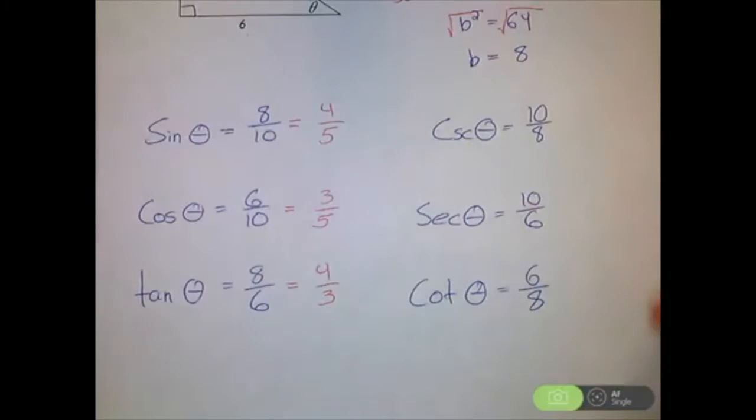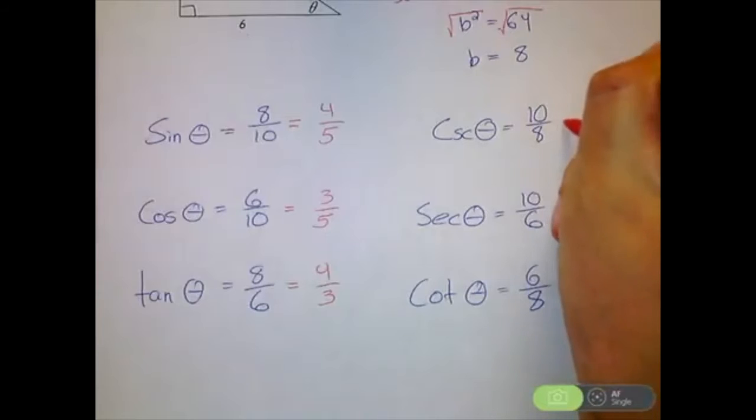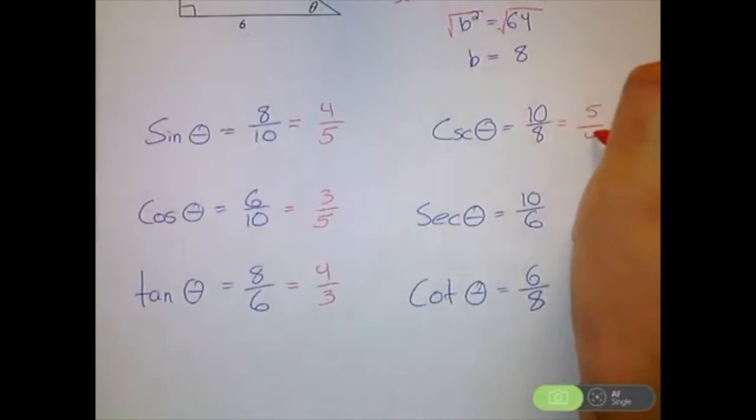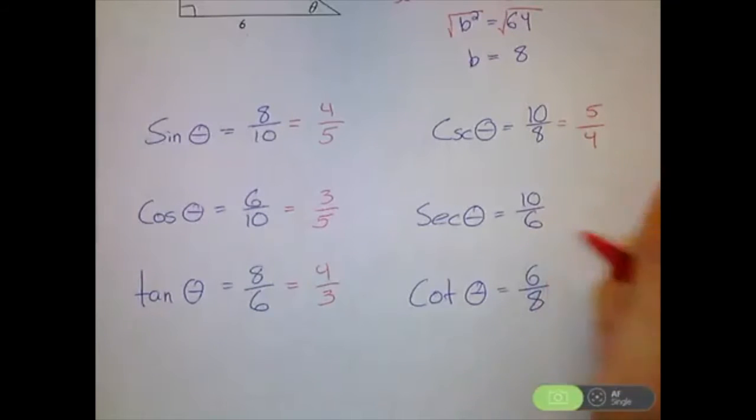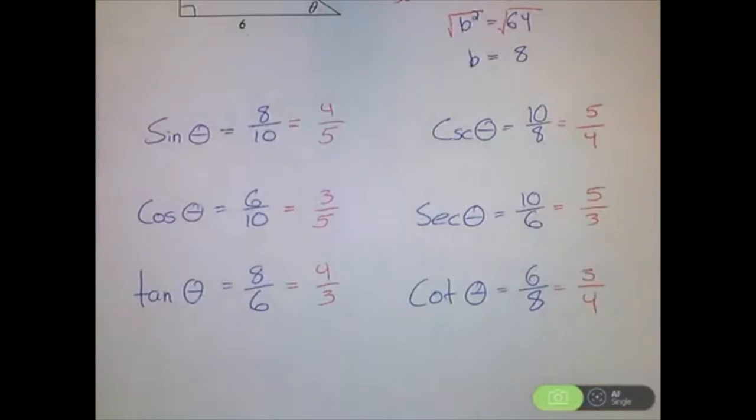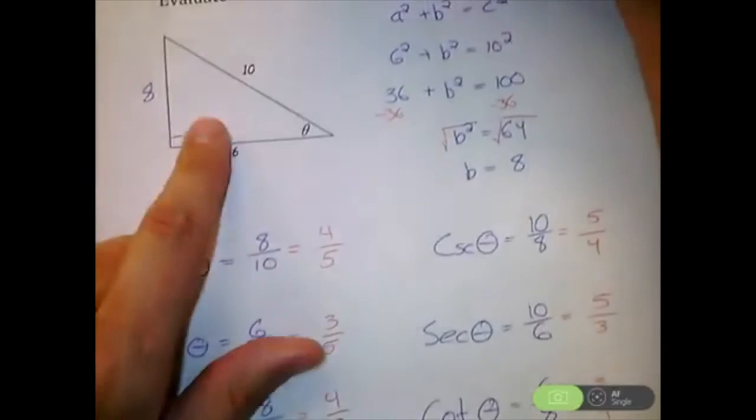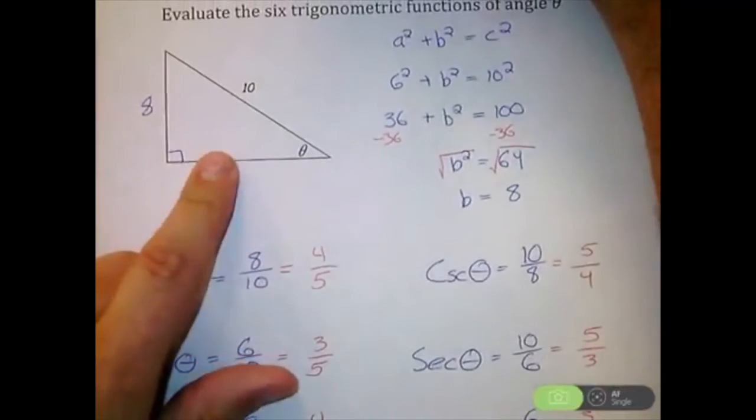And I'm going to take care of these 3 over here. 10 over 8 is going to reduce to 5 over 4. 10 over 6 is going to reduce to 5 over 3. And then 6 over 8 is reducing to 3 over 4. And that is our 6 trig functions. So that is how we evaluate when we are given the triangle already.